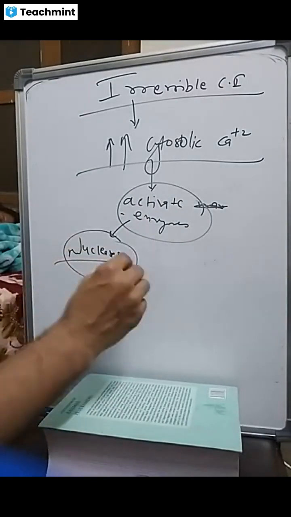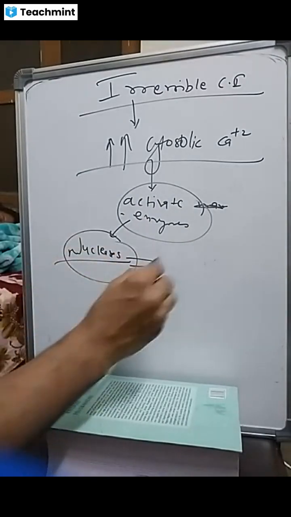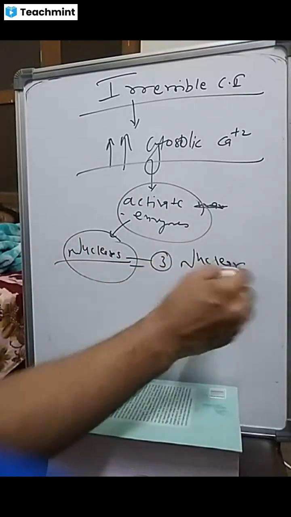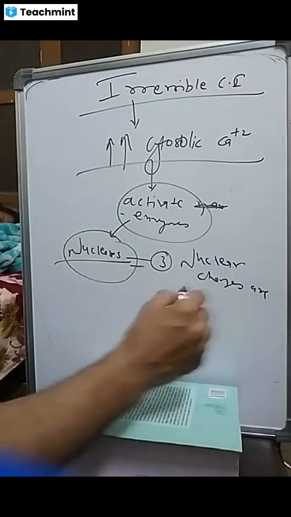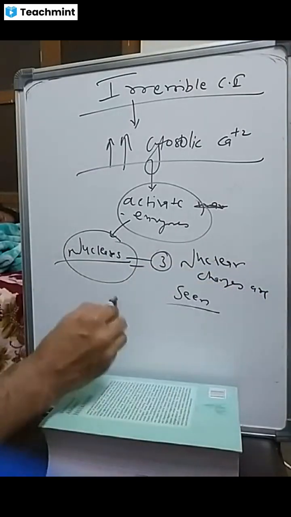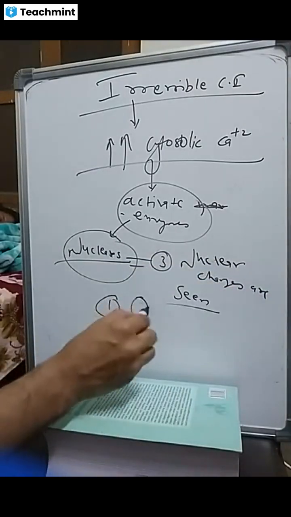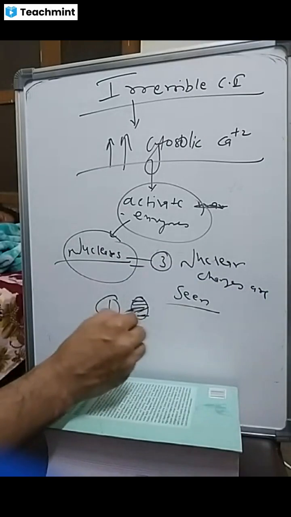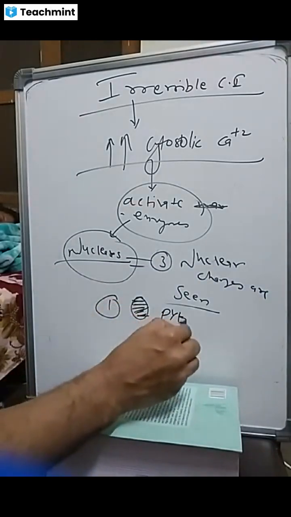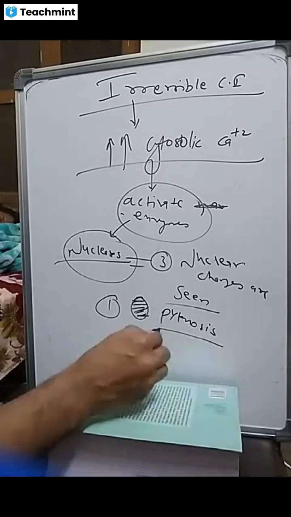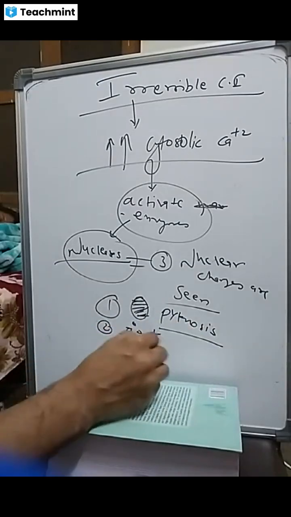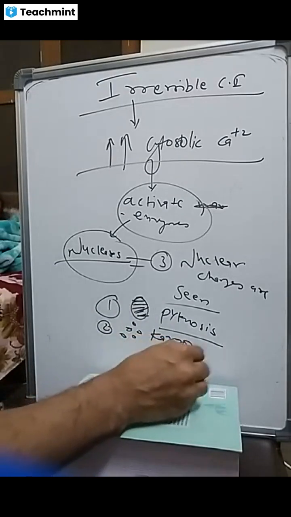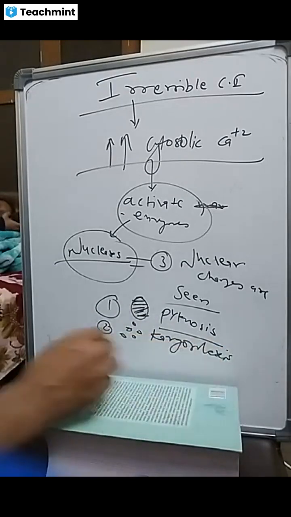Because of activation of nucleases, nuclear changes occur. Number one, the nucleus shrinks, which is called pycnosis. Number two, it is fragmented, karyorrhexis.